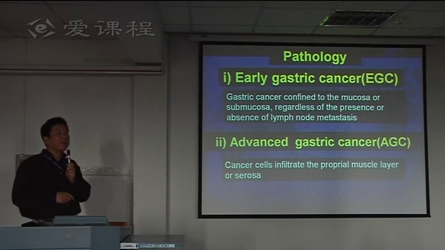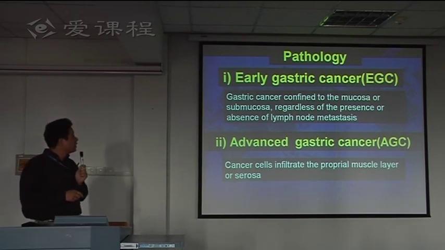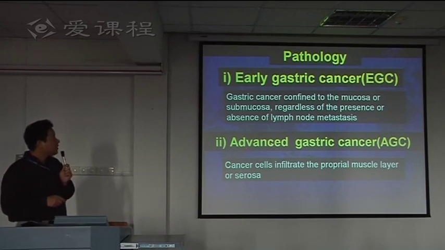This is the Japanese definition and is used widely in the world. The second is advanced gastric cancer, AGC. Cancer cells invade the proper muscular layer or serosa. So we call it advanced.